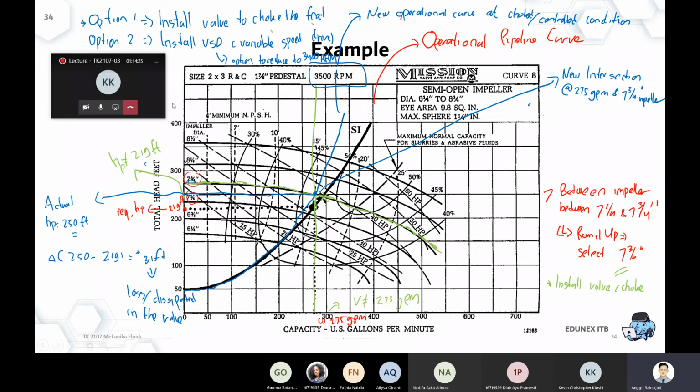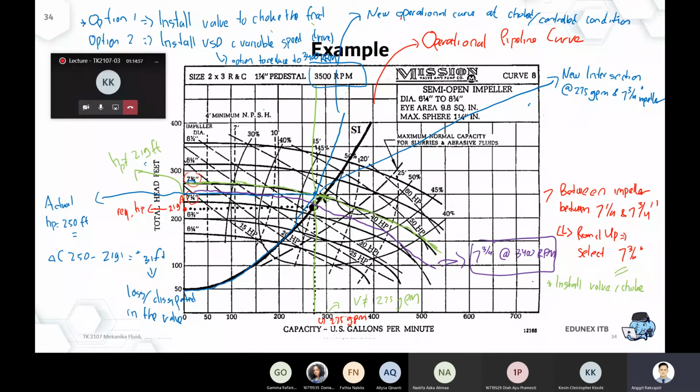So maybe what will happen at this lower RPM is, instead of the green line, the 7¾ pump curve line, now I can directly work at the purple line. The purple line is the 7¾ inch at 3400 RPM.